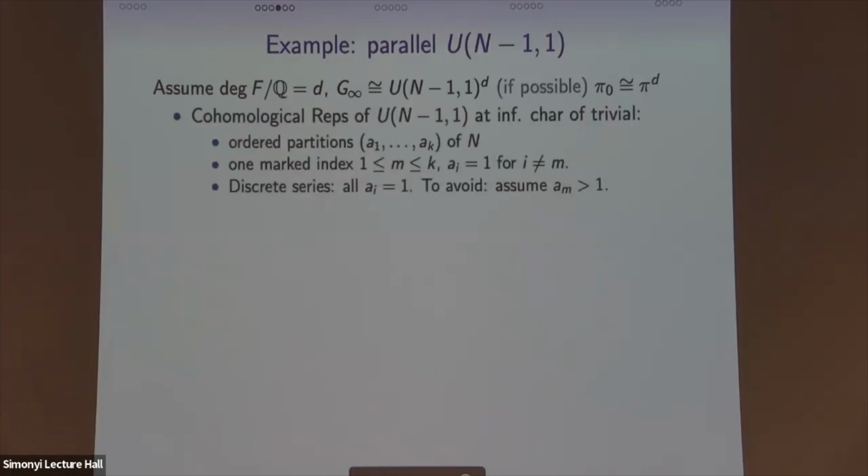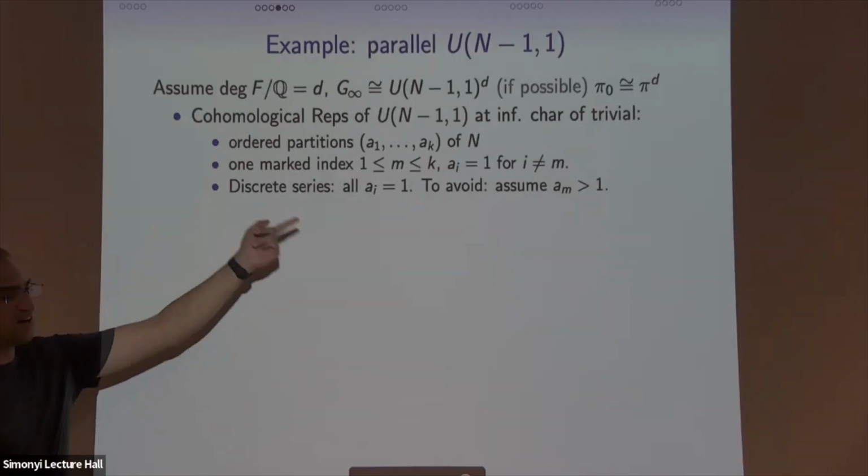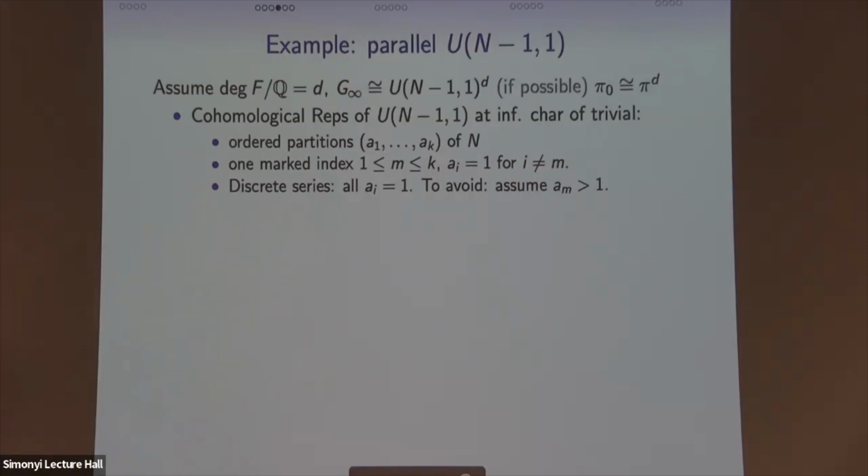Then the parameterization of cohomological representations of U(n-1,1) at the infinitesimal character of the trivial representation: there are certain ordered partitions of n. These are the blocks of that Levi. But basically one of these blocks is marked, and every block that isn't marked needs to be size 1. That's the one in U(n-1,1). So it's very restricted where exactly these can come from, or you can realize them all as coming from very special Levis.